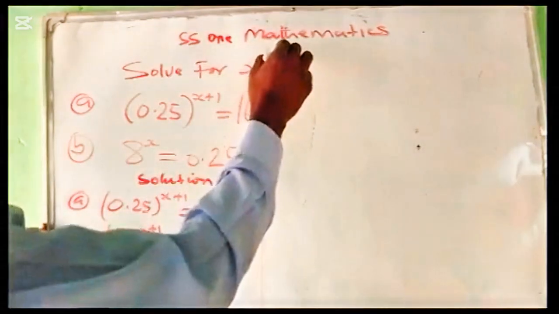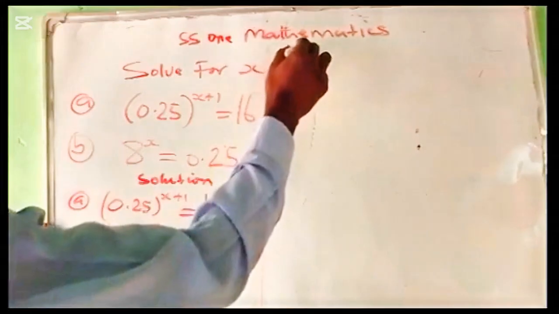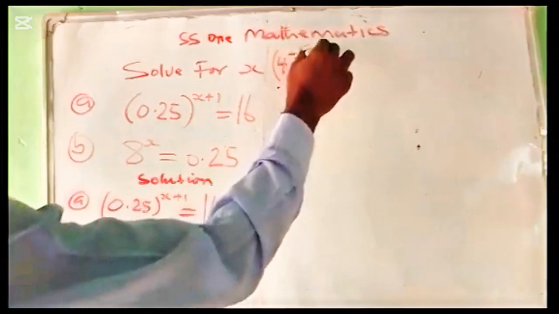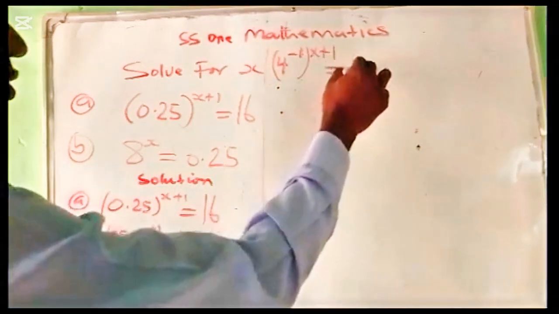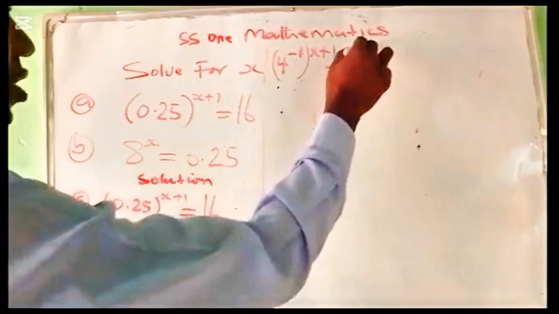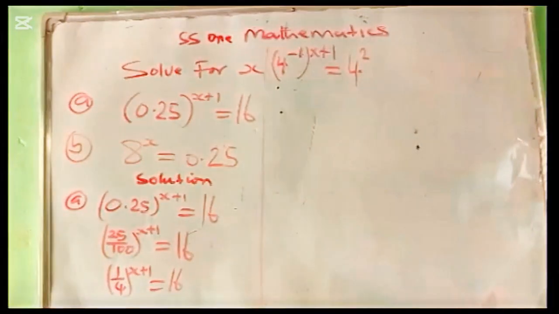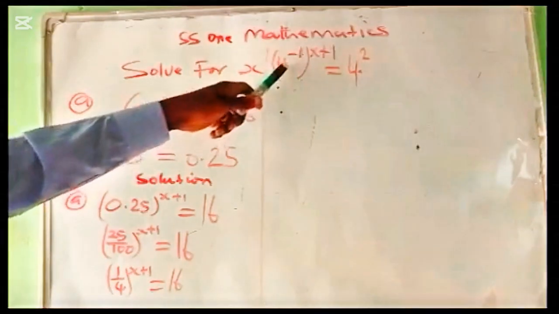So 4 raised to power of minus 1, x plus 1, equals 4 raised to the power of 2. Look at what happened here. This is 1 over 4, and in this place it turns to 4 raised to power minus 1.